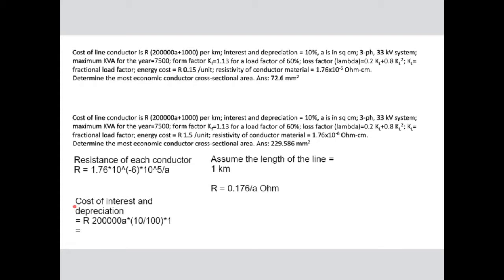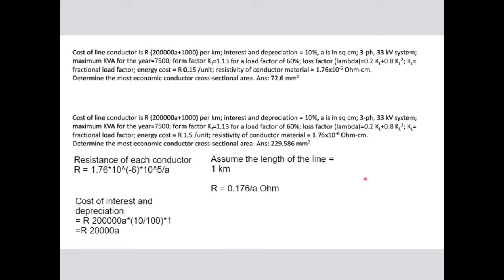Tell me the value of this expression, cost of interest and depreciation. $20,000 A. So 20,000 A. Did I write it correctly? 20,000 A. Yes. So that's the cost of interest and depreciation.